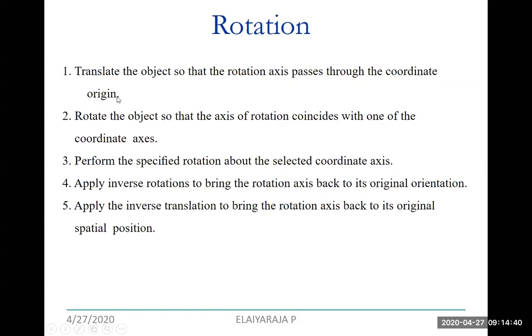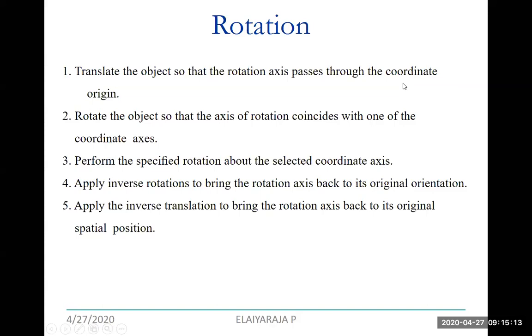Given the position of the object, you move it to the coordinate origin, then rotate the object so that the axis of rotation coincides with one of the coordinate axes. Then perform the specified rotation about the selected coordinate axis, either clockwise or counterclockwise, and apply the inverse rotation to bring the rotation axis back to its original position.